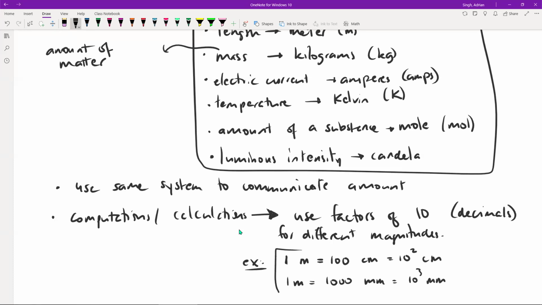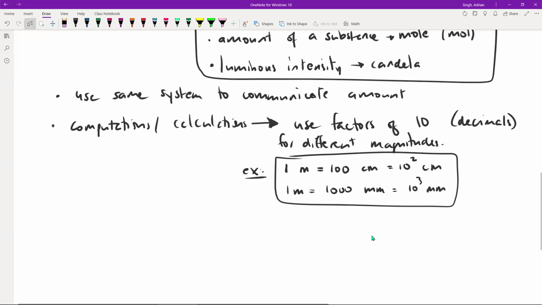With this simple example, you can see the relationships between, in this case, prefixes in the metric system. They are related by a factor of 10. You have 100 centimeters that make a meter, 1,000 millimeters that make a meter. That means if you compare these two, there are 10 millimeters in 1 centimeter.